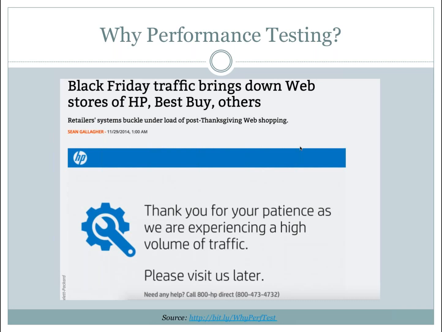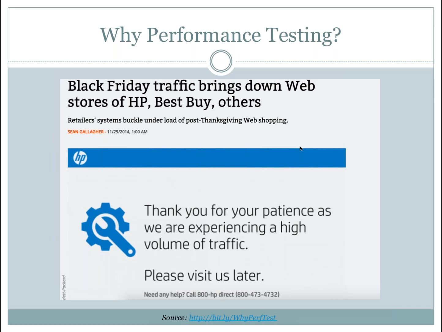So here is a screenshot of news published the day after Black Friday. As all of you know, Black Friday is the most important shopping season of the year for online retailers, as a lot of people buy goods online.